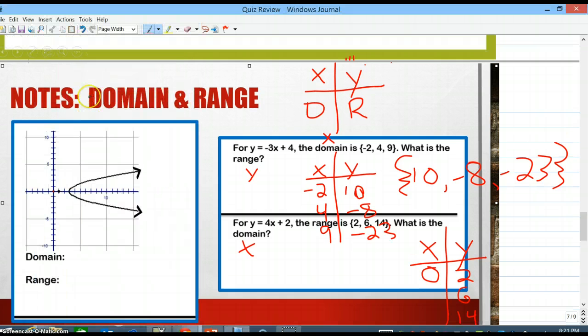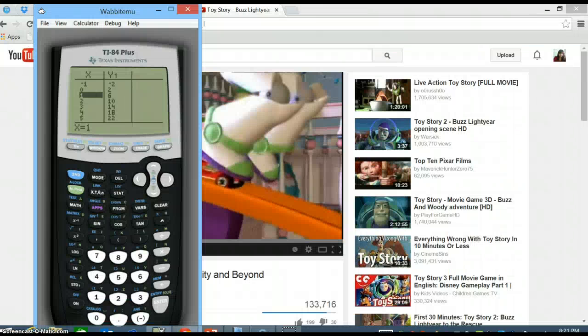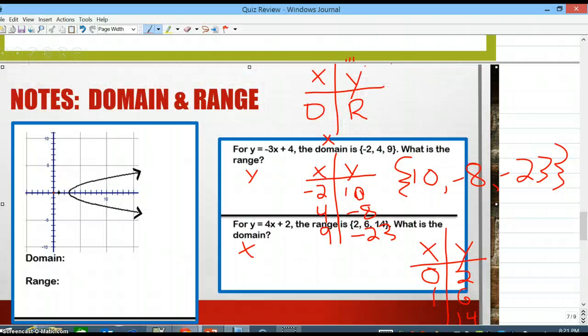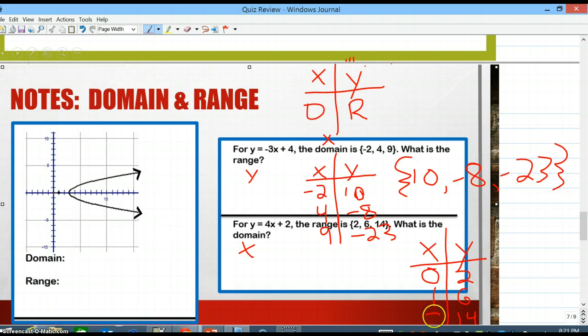So I'm going to write 1 next to my 6. And lastly, when y is 14, right here, y is 14, my x is 3. So I'm going to write a 3 next to the 14.